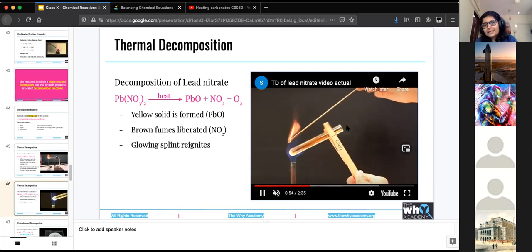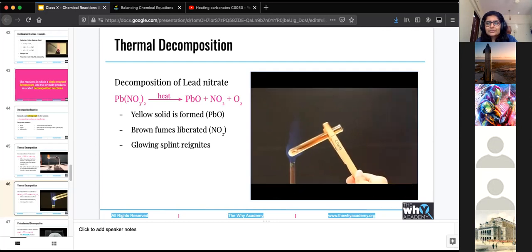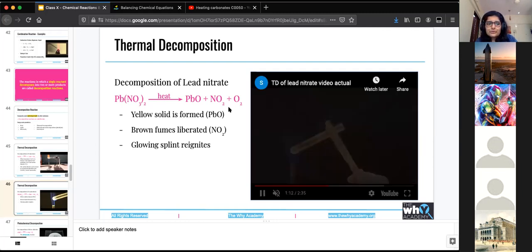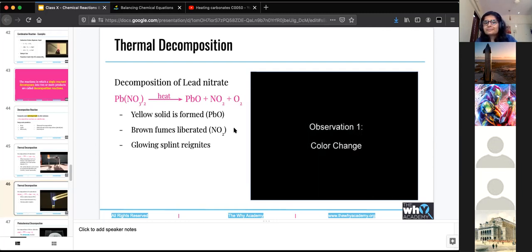Along with that, there's another gas also coming. So they'll test what gas it is. They took a glowing splinter, not lit, just glowing, and on keeping it inside, it lit up again. So that shows the presence of oxygen.